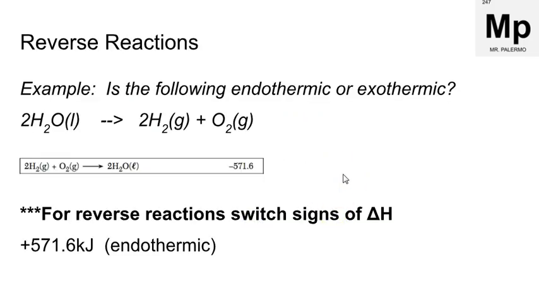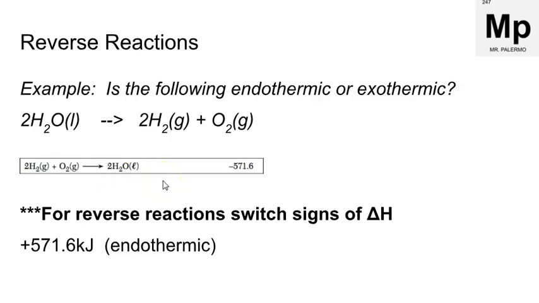What happens if the reaction you're given is the reverse of what's on table I? So for example, is this reaction endothermic or exothermic? So water decomposing through electrolysis into H2 plus O2. Well, if I look on table I see it's reversed. Table I, it is a synthesis reaction, not decomposition. And so what do we do?